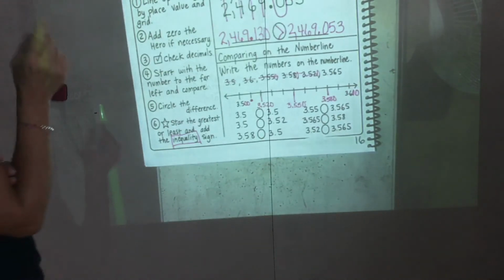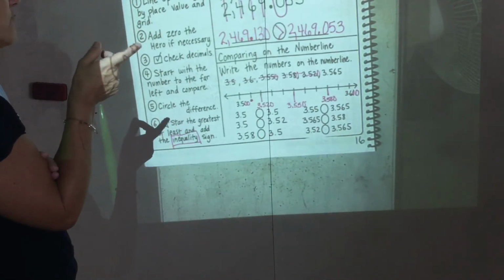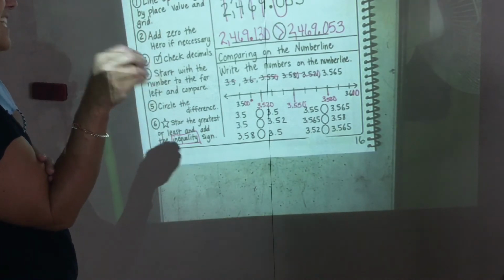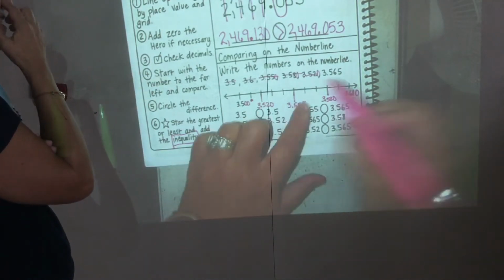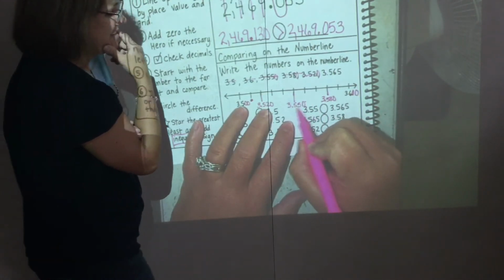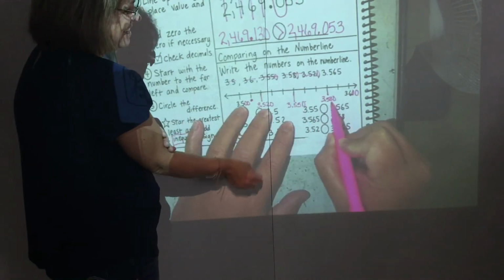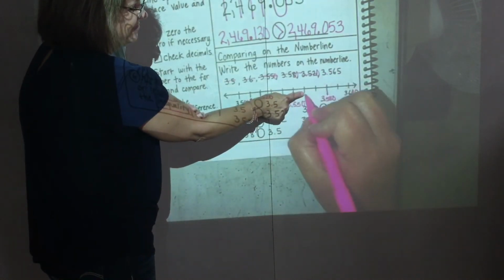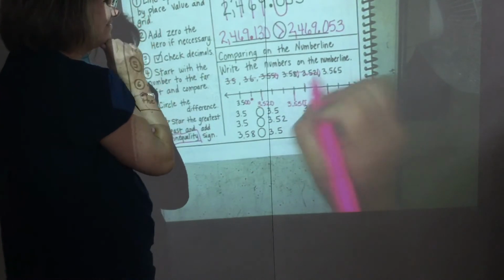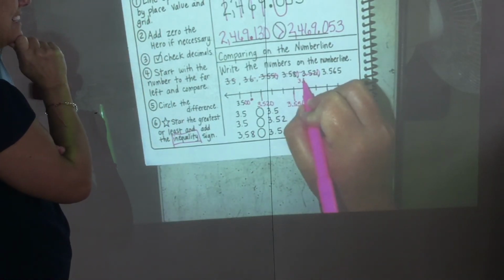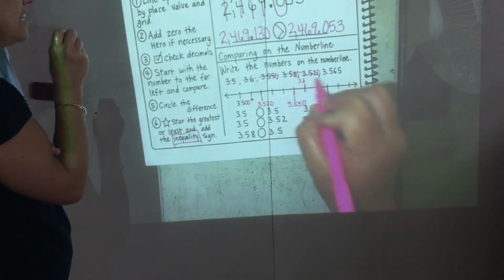But wait a minute, this is the tricky one. Well, first of all, let's find 560. Okay, so 560. Well, I think 560 is going to be right here, Miss Bowman. I agree. So I'm going to write that up here because it's really not one that we're looking at, but we kind of need to know where it is. But isn't 5 in the middle?